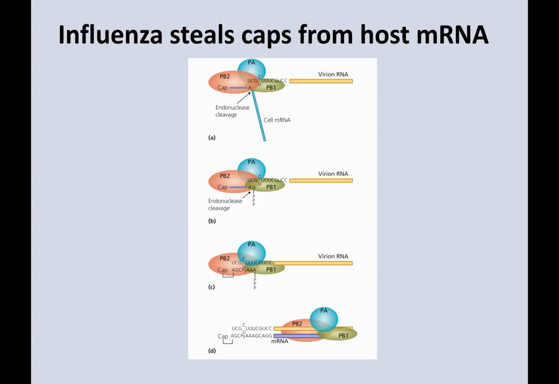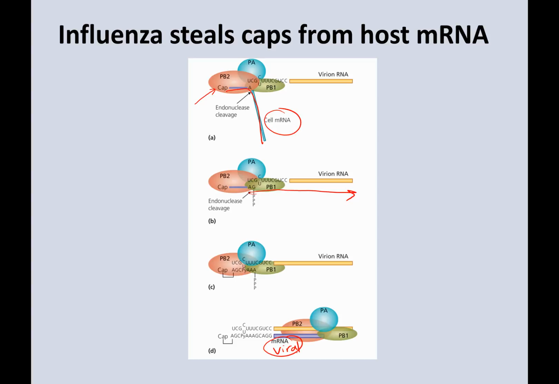Influenza is an example of a virus that actually steals caps. So to deal with that issue of having a 5' cap, the virus's RNA-dependent RNA polymerase actually grabs host mRNA, cell mRNA right here, takes that cap and uses that as the start for synthesis of viral messenger RNA.